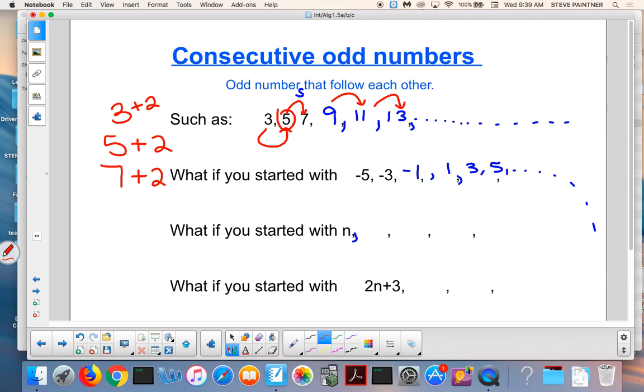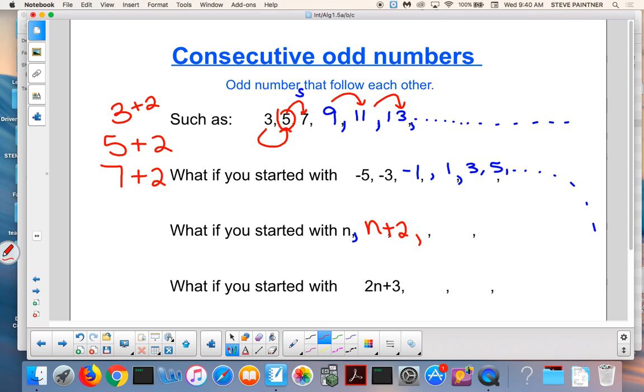Guys, odd numbers get bigger by 2 every time. So all you have to do is add 2, add 2, add 2. Watch this. What's the next number after n? Nope. N plus 2. It's just 2 bigger than n. You don't know what n is, right? But if you added 2 to n, you'd get to the next odd integer.